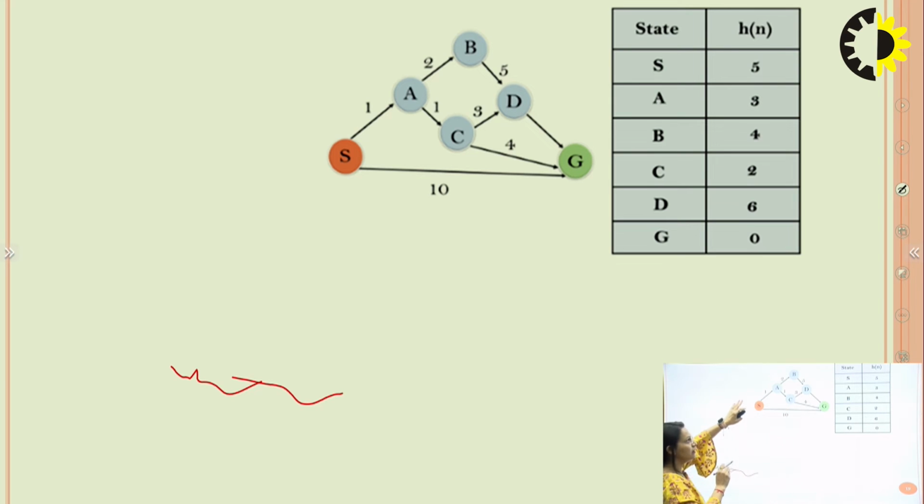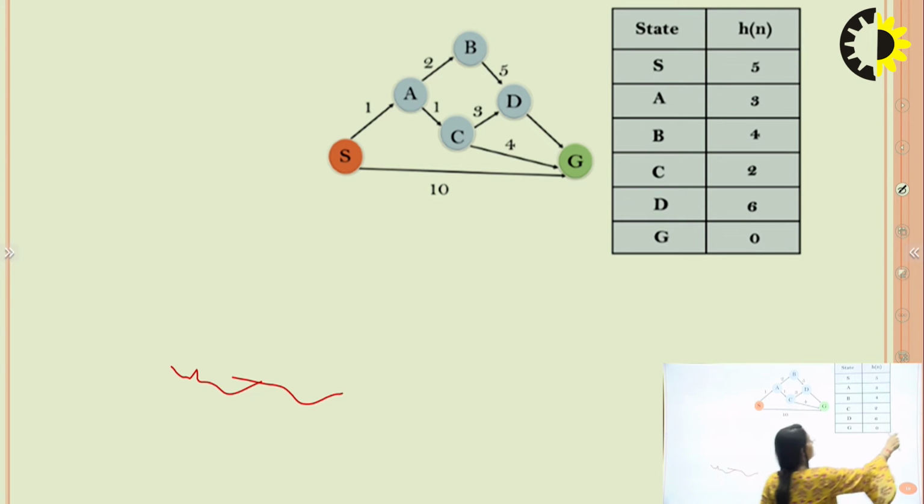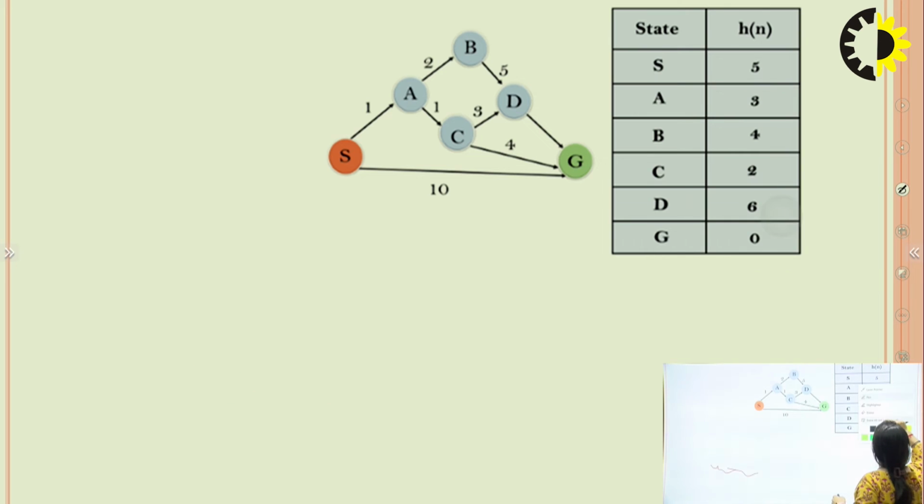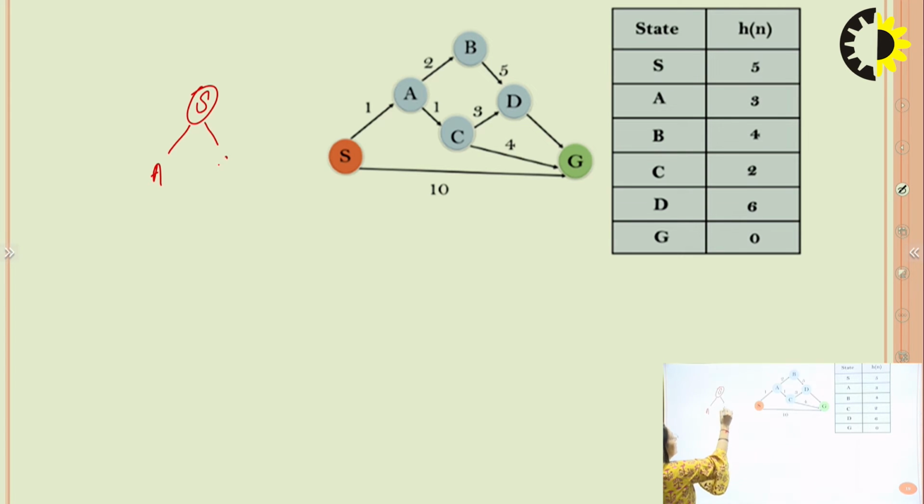While solving this problem, first of all, I have to decide which is my goal node and which is my starting node. Initially when I'm starting, I can say S is my starting node. From the starting node, there are two possible successors, that is A and G. If I have to choose between both, then I have to calculate the Fn, which is calculated with the help of Hn as well as Gn.